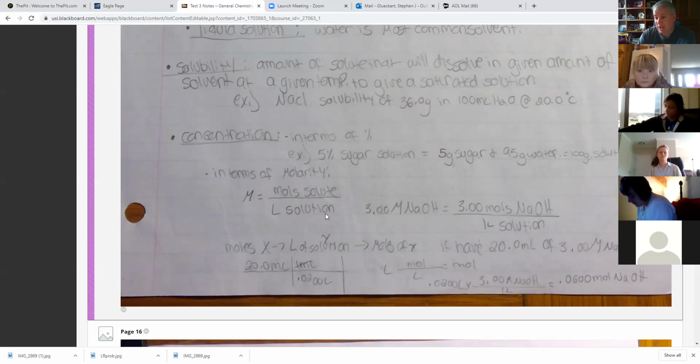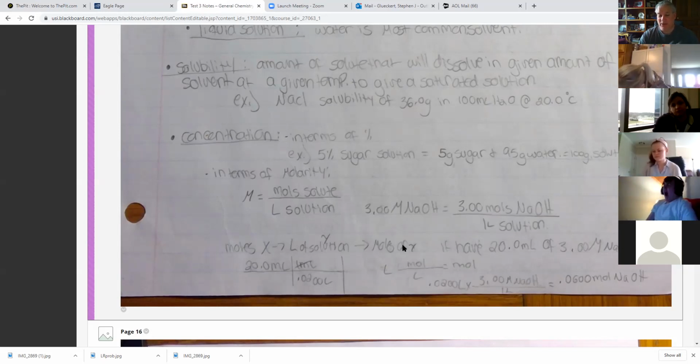Okay, so like in the lab, when you see a bottle of stuff, if it's something in aqueous solution, for example, 3.00 molar sodium hydroxide, what that means is there are 3 moles of sodium hydroxide per 1 liter. Okay, so it's a ratio of amount of solute per amount of solution.